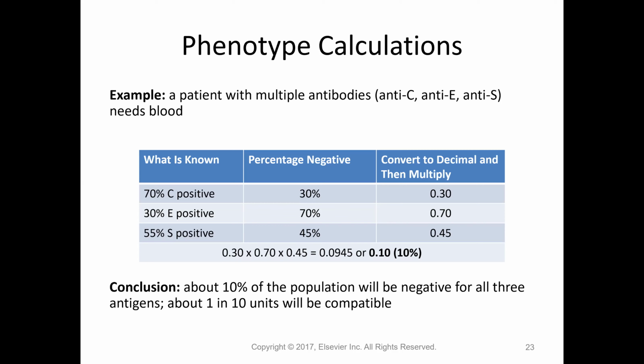So then you'd have to test approximately 30 units of blood to find the 3 compatible units that you need for the patient. You don't really need it for patient health, but it helps to know approximately how many you're going to have to be checking to get there.